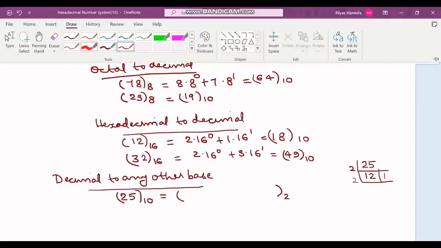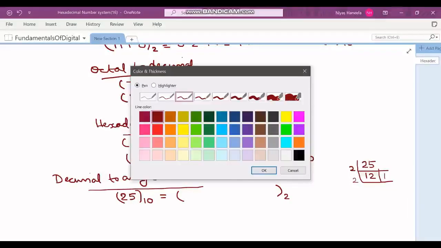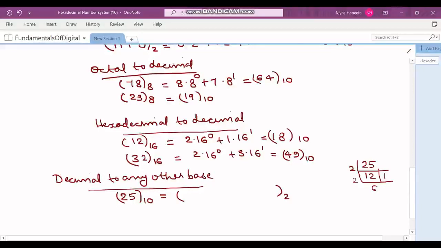So you will have 6 with a remainder of 0. Again you divide by 2, you will have 3 with a remainder of 1. Again you divide by 2, you will have 1 with a remainder of 1. So 1 1 0 0 1. So that is the corresponding equivalent value of 25 in binary. So 1 plus 8 is 9, 9 plus 16 is 25. So this is the equivalent value.